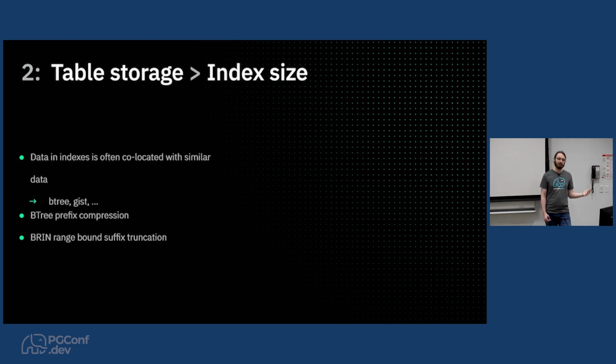But if you're working with strings, they can be very, very large. So it may not fit on the page, but we can round it up and round it down. Because the BRIN index only stores summaries of what might be there, we can round the string to, say, the first 10 characters, and round it up if it is longer than that, and round it down if it's for the lower bound of the range.